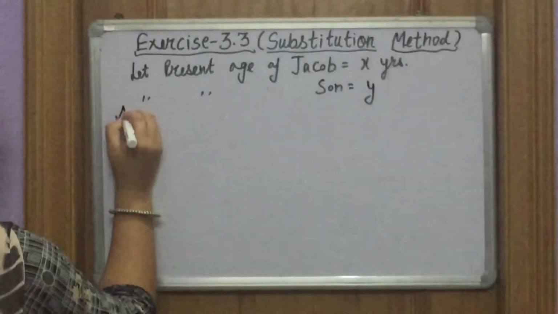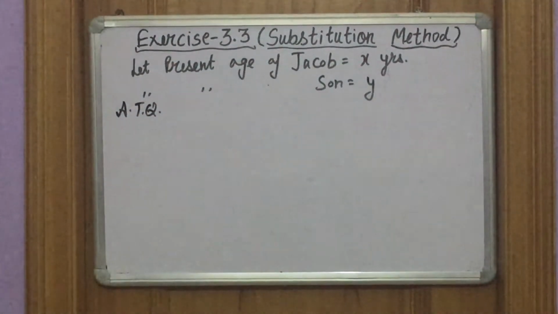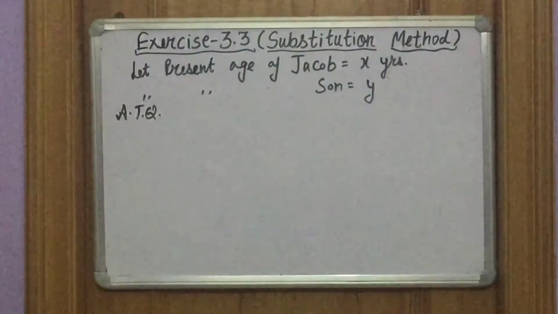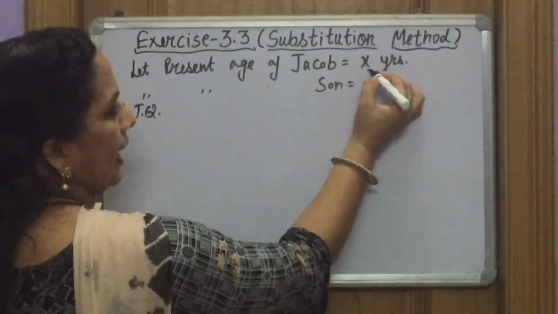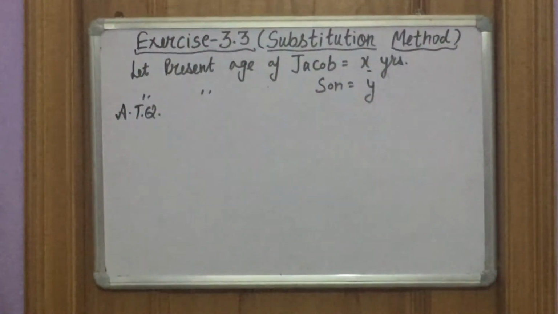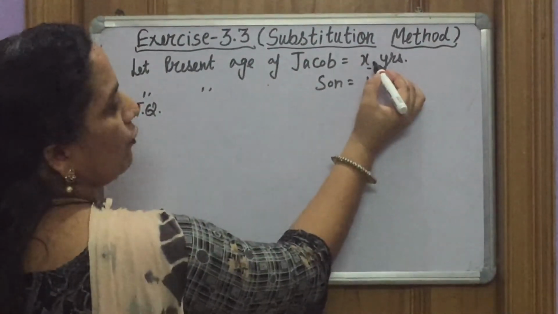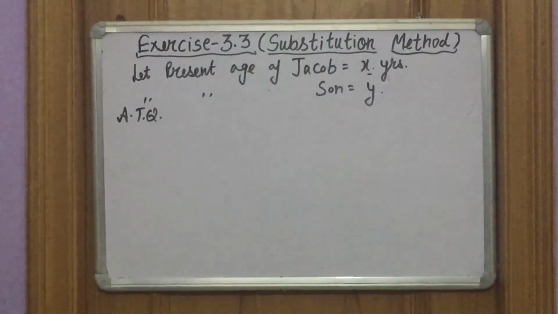Then according to the question, 5 years hence means 5 years later. That means plus 5 years in their present age. Present age is x. 5 years hence means 5 years from today. That means we have to add 5 in both of the terms, that means Jacob as well as his son.